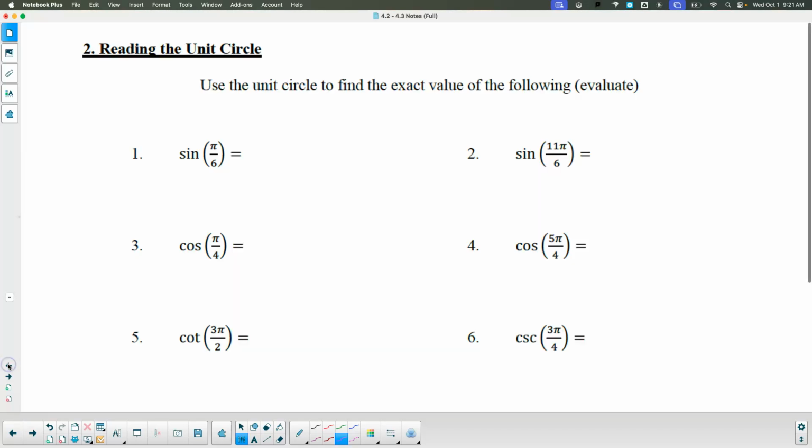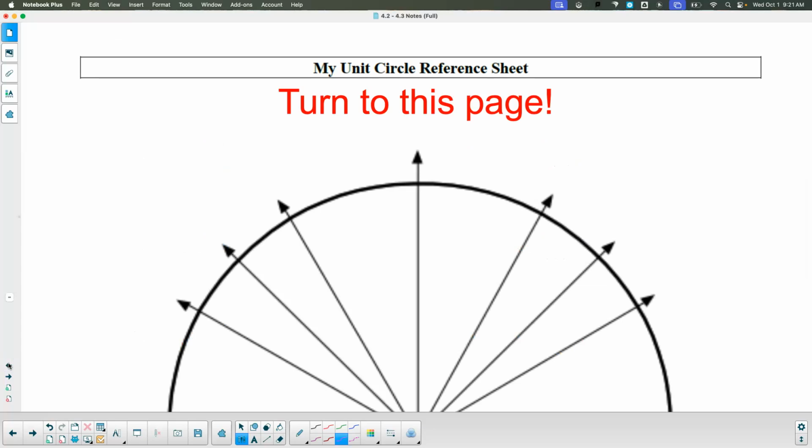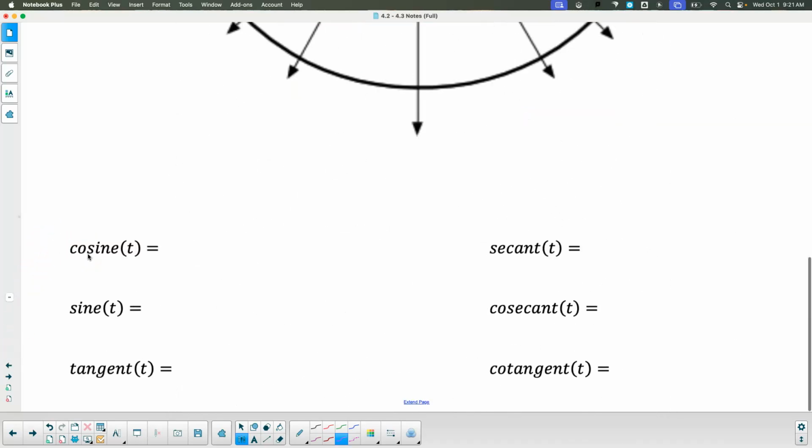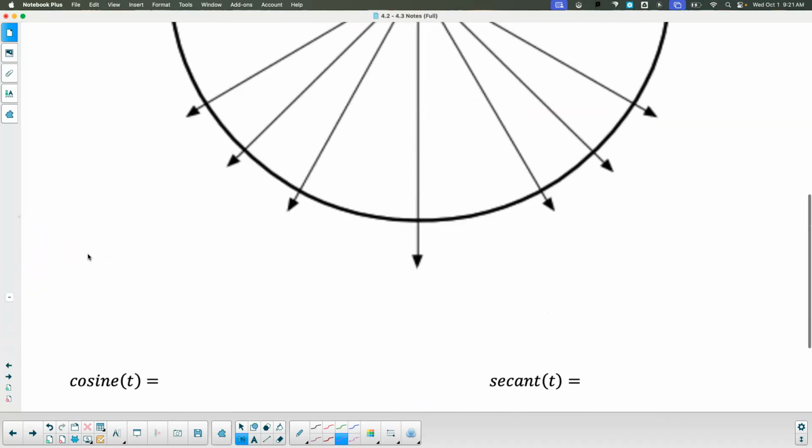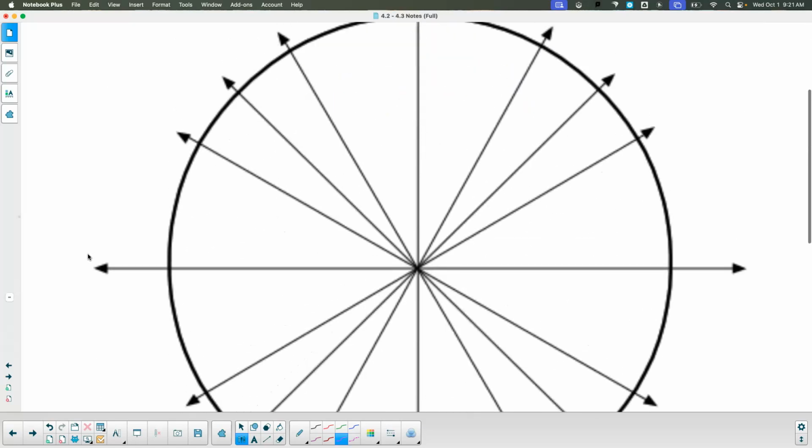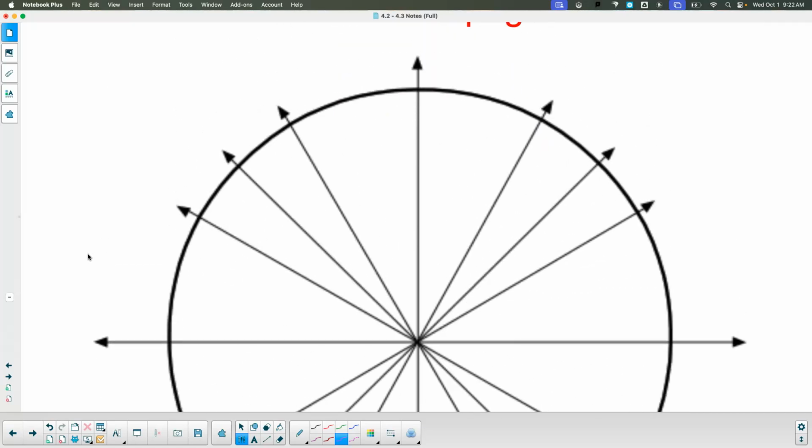So, with that being said, let's go back here to this page. You should have a reference page sheet. It's 2 pages ahead in your notes. Okay? It looks just like this. It is literally just a blank unit circle with the 6 identities at the bottom. So that page is your unit circle quiz next week, Thursday.